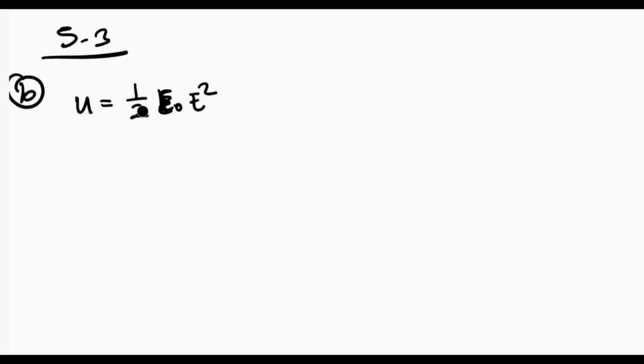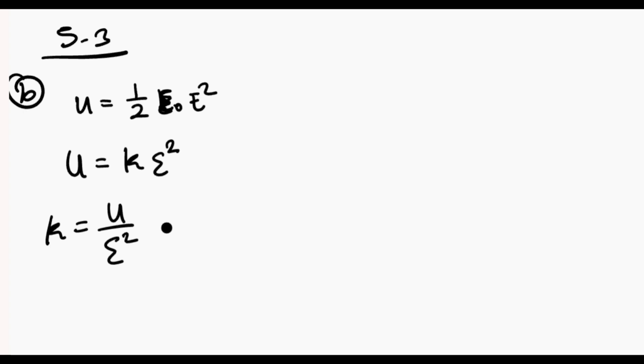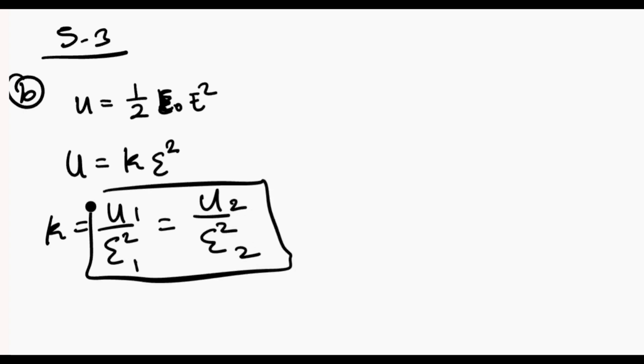So these are constants. So let's just say U is proportional to E squared. Make use of the formula, you know, variation from primary school, right? So if you have one here, you have one here, this will be 2. So this is just what we are going to work with.